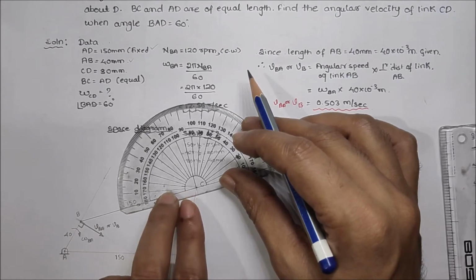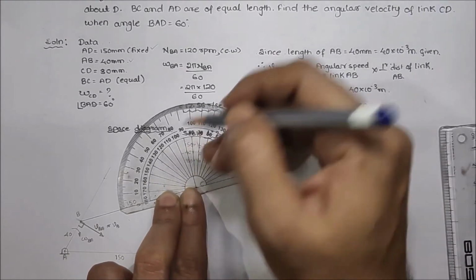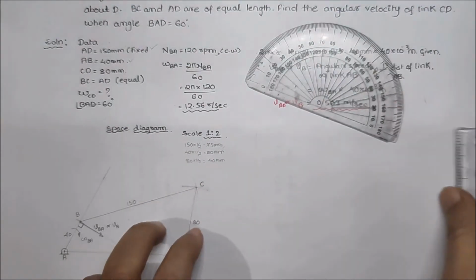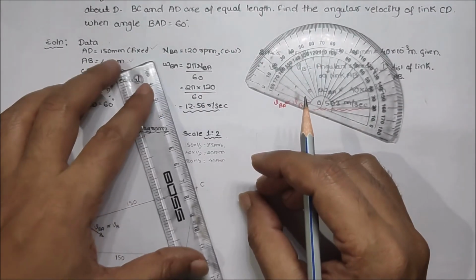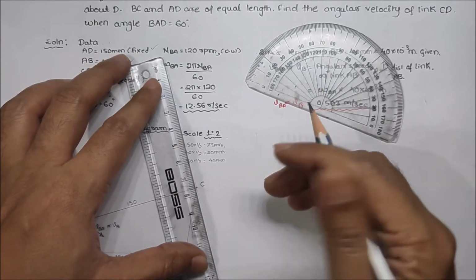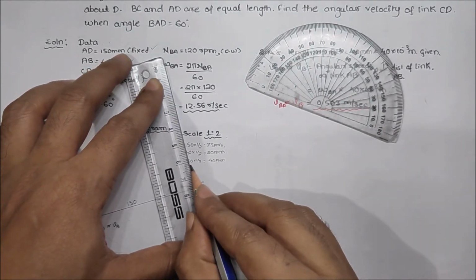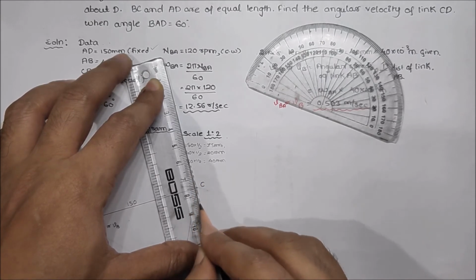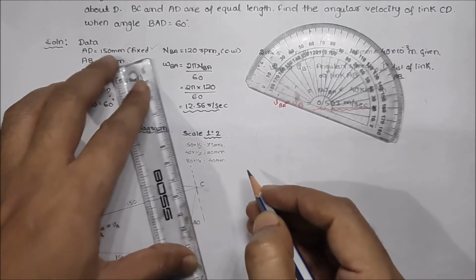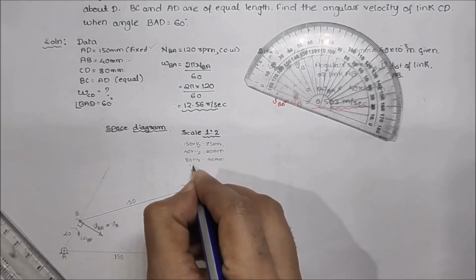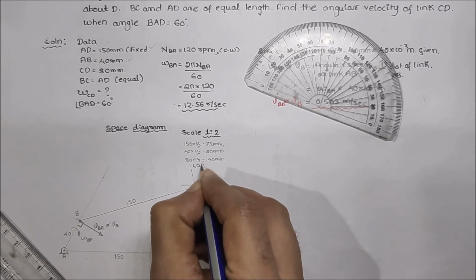Then perpendicular, that is 90 degree, we are going to point it here, and from there we are going to draw a line. It is going to pass through point C, but this will be a dotted line. This will be line of action.